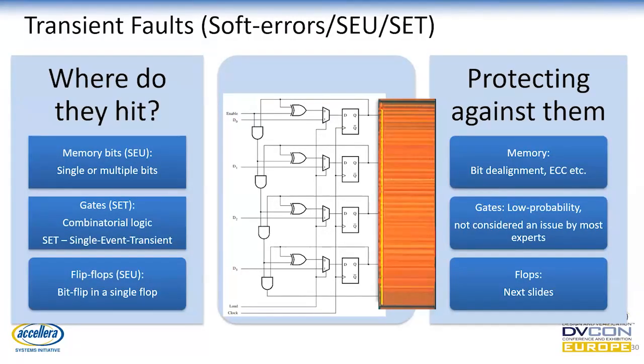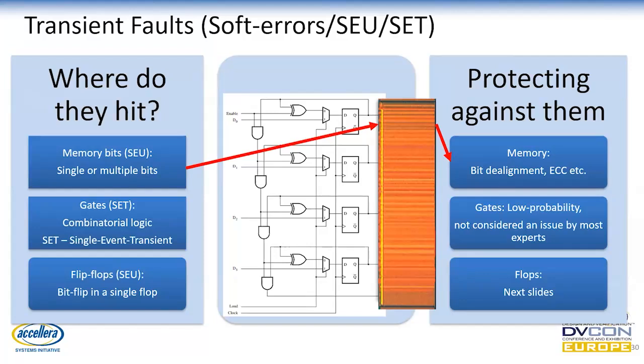Where do they hit, and what are the different mechanisms to protect against them? It can hit the memory bits if you have a RAM block or some other block instantiated in your design. This can be mitigated by standard techniques like bit alignments or ECC.